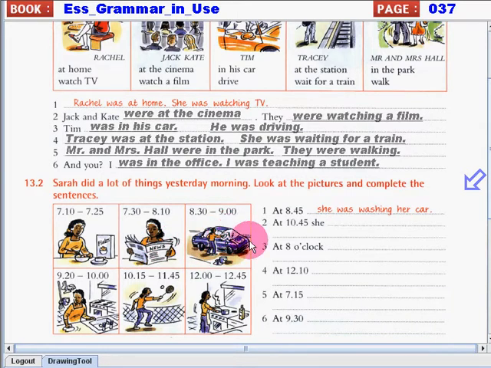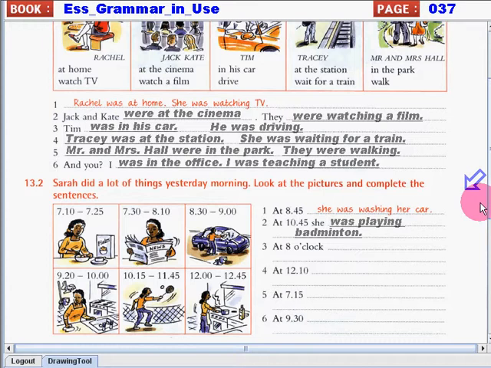Now, let's answer number 2. At 10:45. So, where is that picture that has 10:45 time? Of course, this is the picture, and this is what Sarah was doing yesterday morning during that time. Okay, so what is our sentence for this picture?